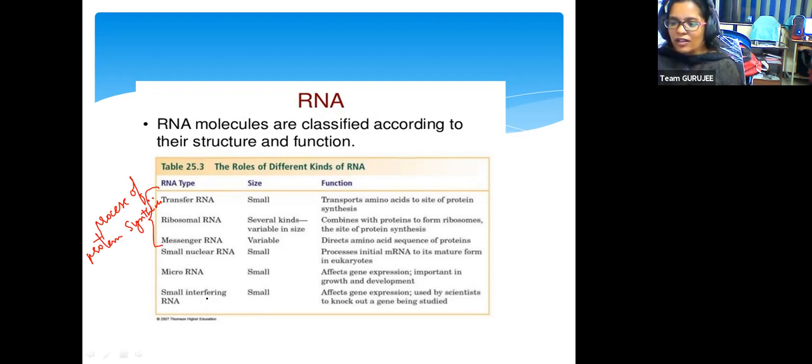These are minor types which are involved in some gene expression processes. siRNA is used in genetic studies, for research purposes. They prepare artificial siRNA and use it for genetic studies.